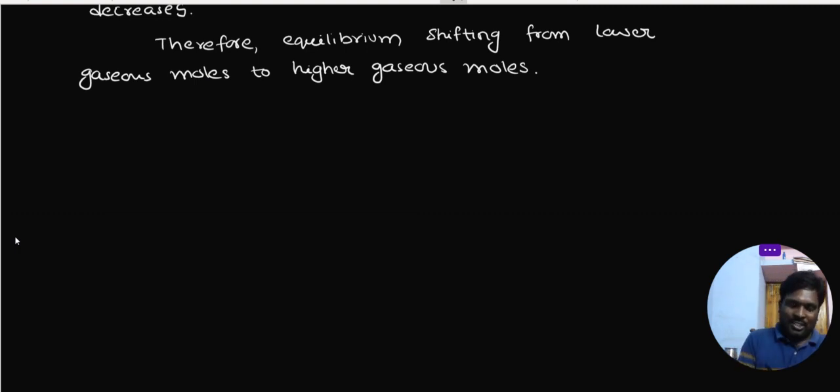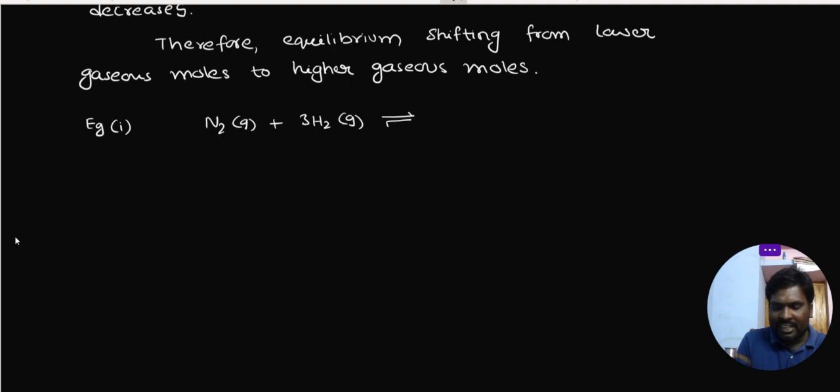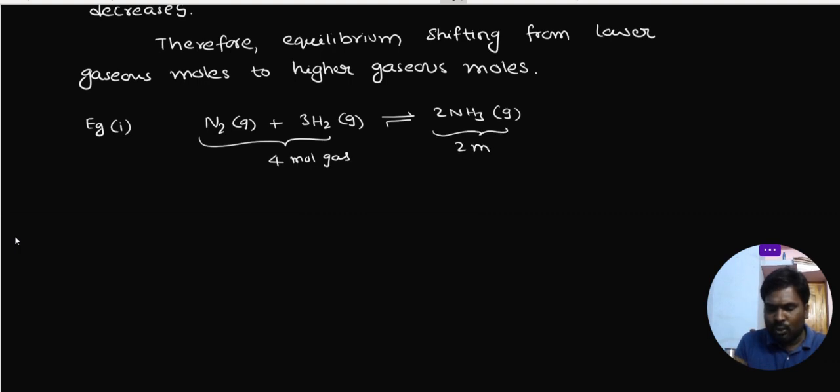Understood? So example: N2 gas plus 3H2 gas giving rise to 2NH3 gas. 4 mole gas here, 2 mole gas here.